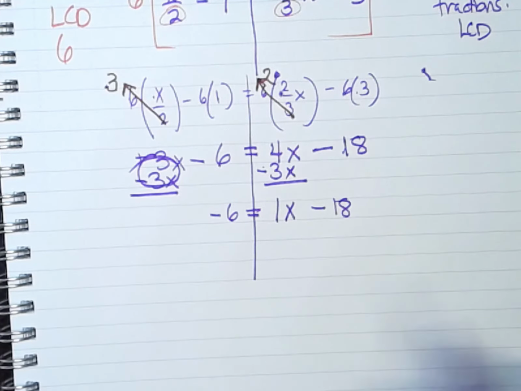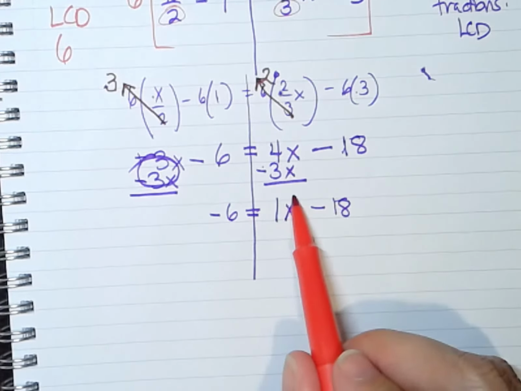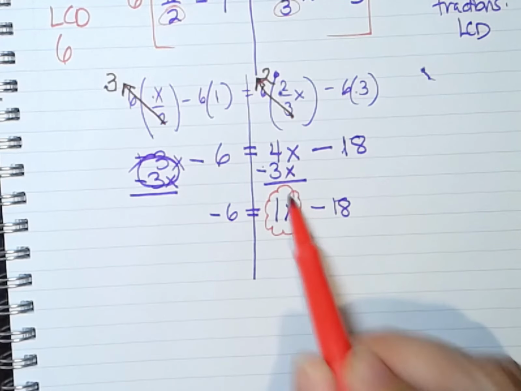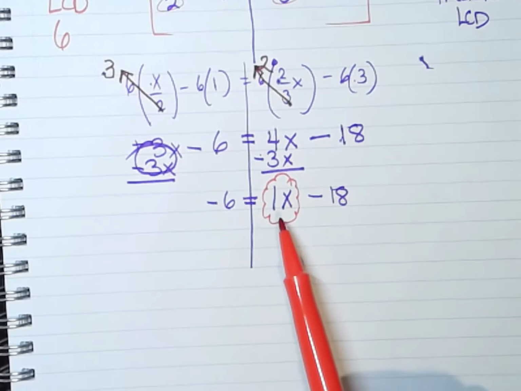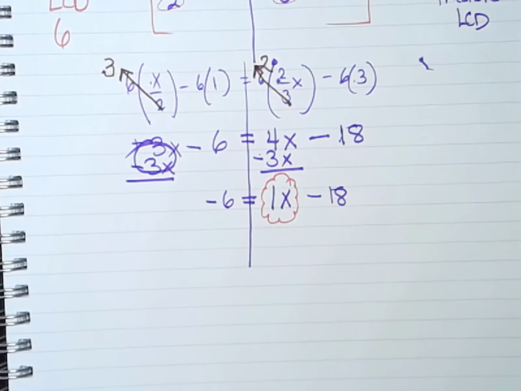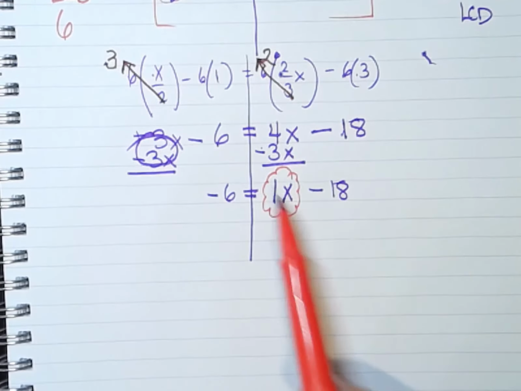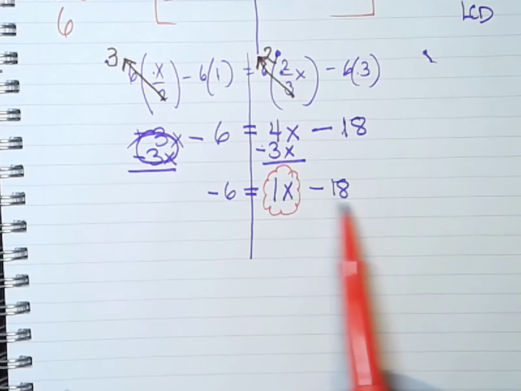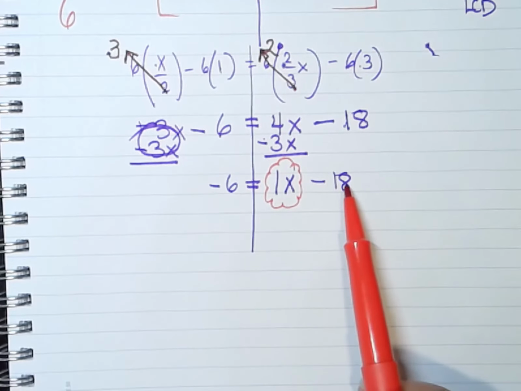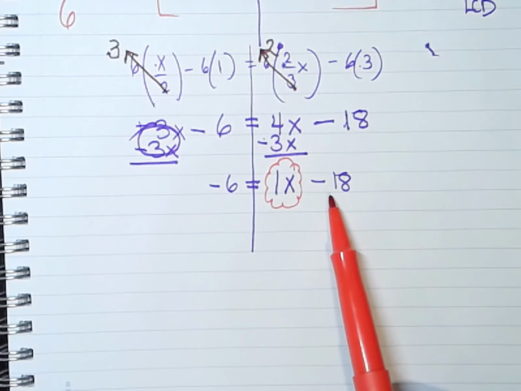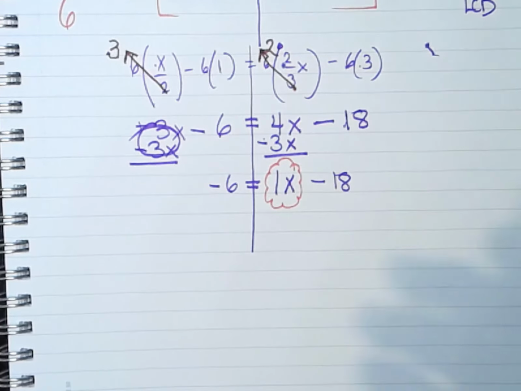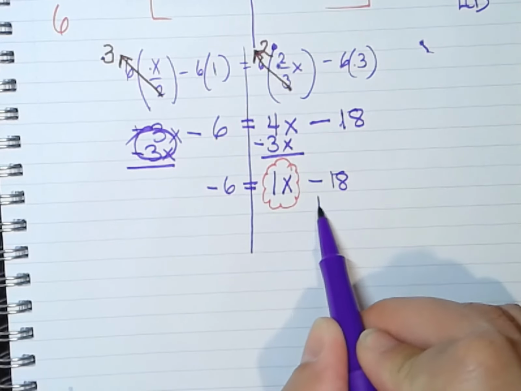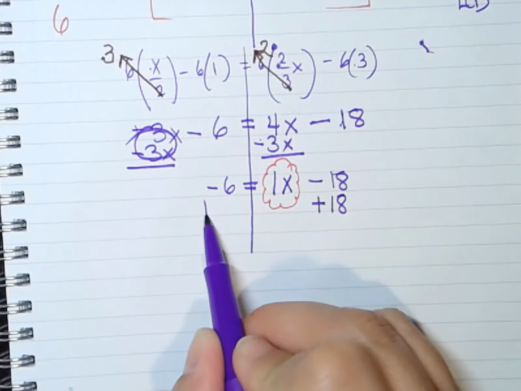Okay, so remember, what's my job? Get the x by itself. This is like having a kid living in your house and crowding you. This side of the fence is your house. You want him out. So you have to move him over. To move him over, I will add 18 to both sides.